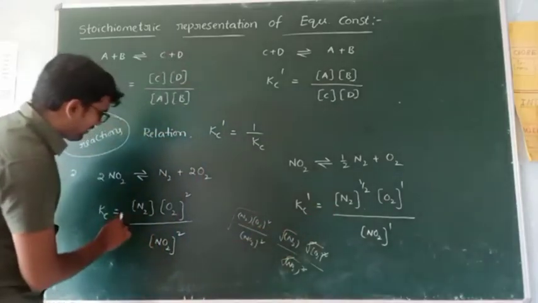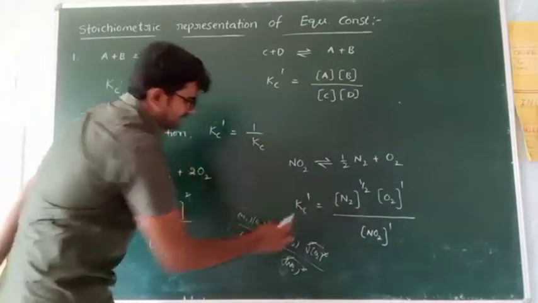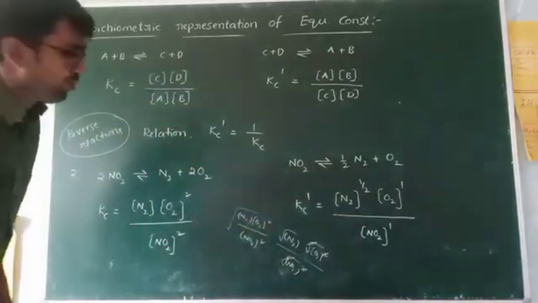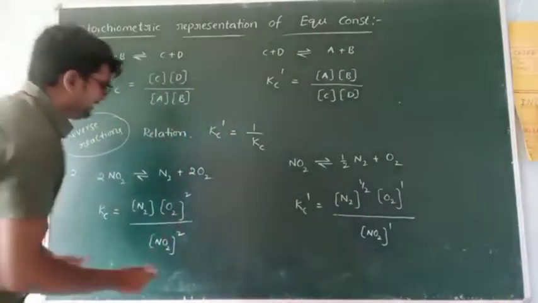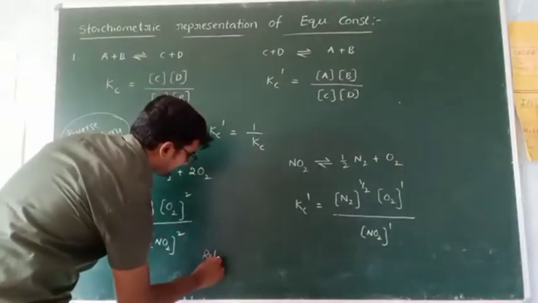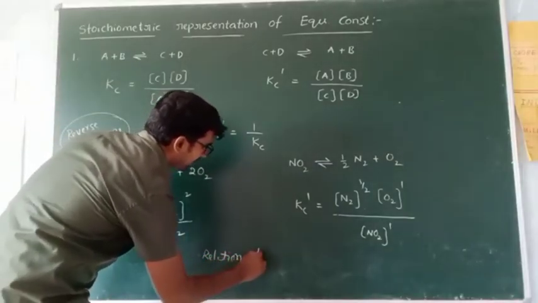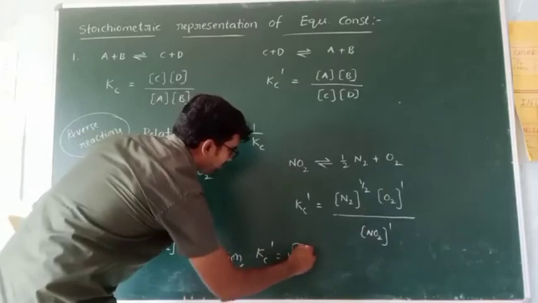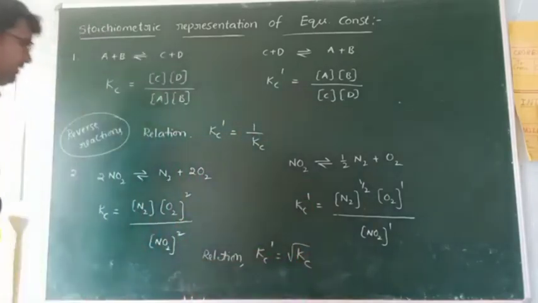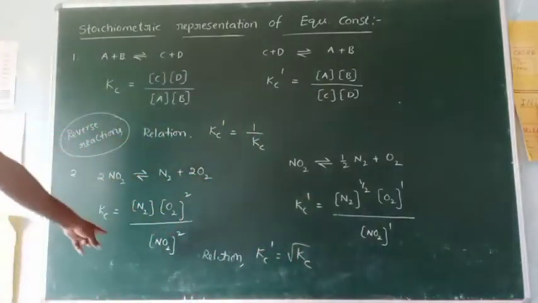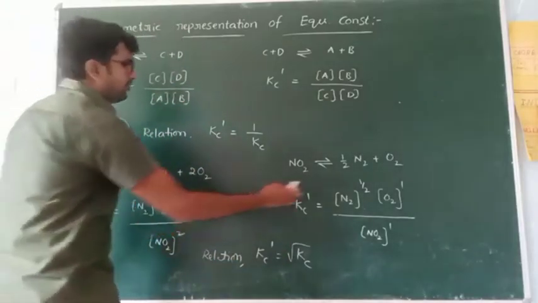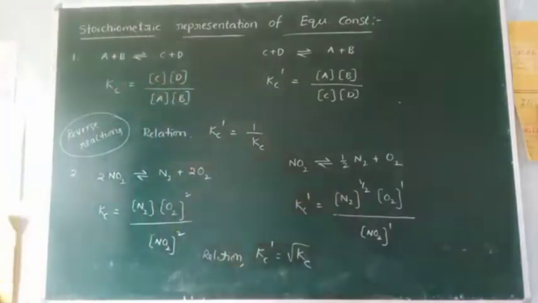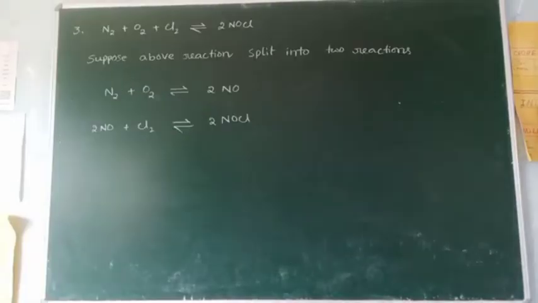If you take the square root of this one, you get this value. So what is the relation between these two? Kc dash is equal to root over Kc. Kc dash is equal to root over Kc. Just calculate the square root of this one, you get Kc dash. That is the relation between this type of equations.